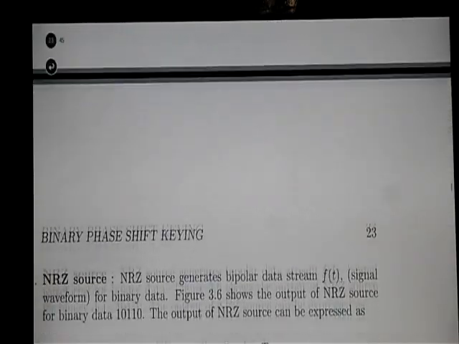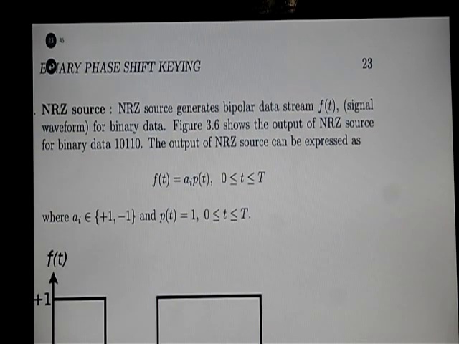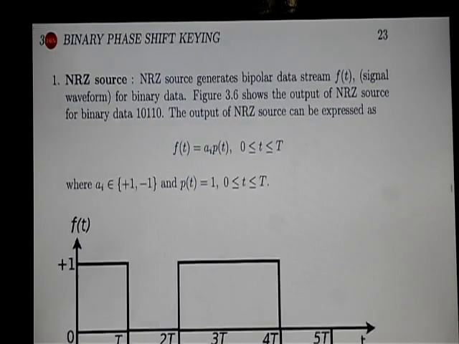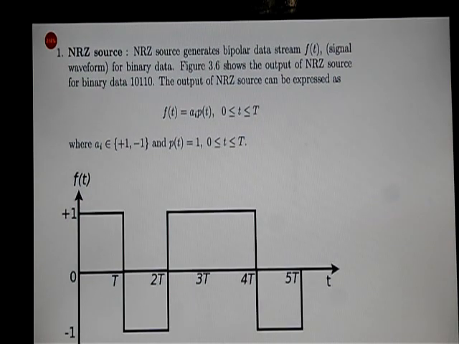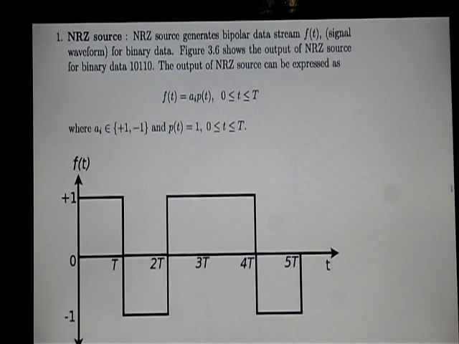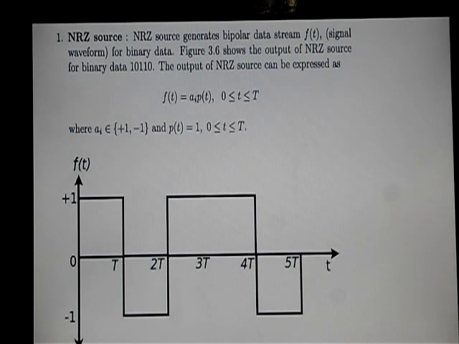in detail. If you see the NRZ source in the block diagram, the NRZ source generates a bipolar data stream. So it's f of t, a function of t, as shown in this figure. It's a bipolar data stream.